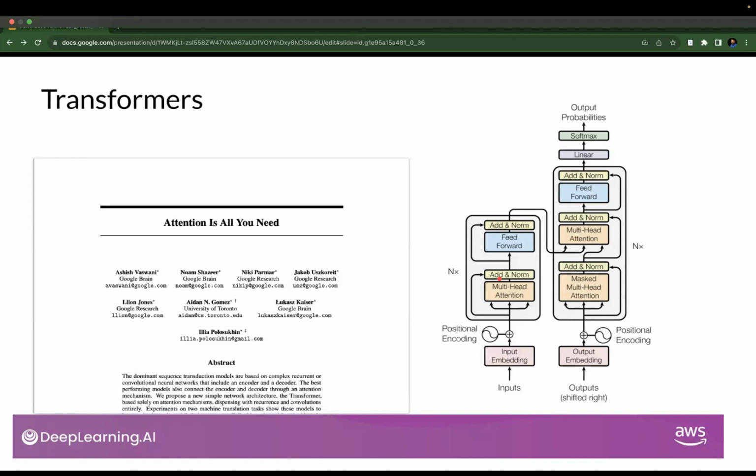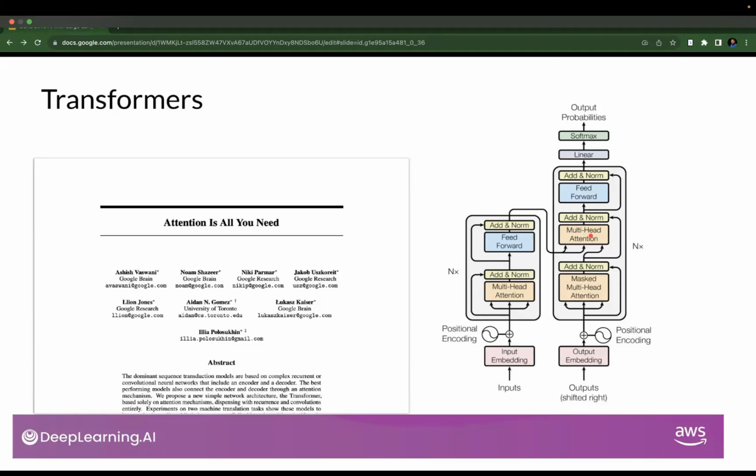For now, all we need to know is there are a couple of neural networks involved in the attention layer, this multi-head attention and feed forward. This part is the encoder and this part is the decoder. There is a positional encoding involved. There is some information transfer between encoder and decoder called encoder-decoder attention.